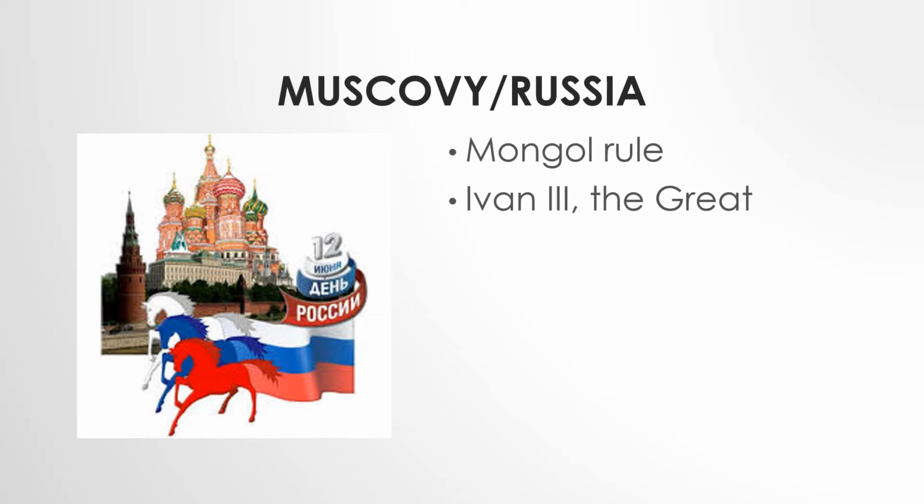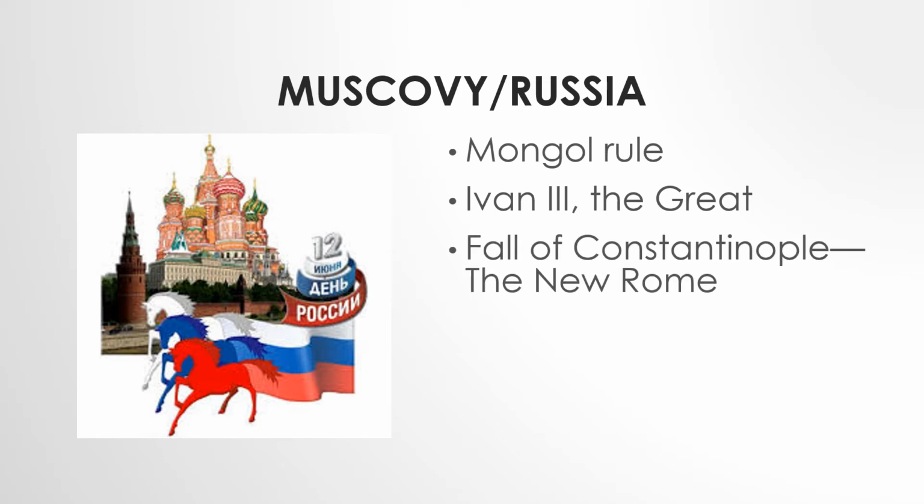He gave rewards to those who supported him, very similar to the new monarchs in Western Europe. And he combined his sovereign authority with the religious authority of the Orthodox Church. In fact, Constantinople had been known as the New Rome. It had been the center of Eastern Orthodox Christianity. Rome was the center of Roman Catholic Christianity.